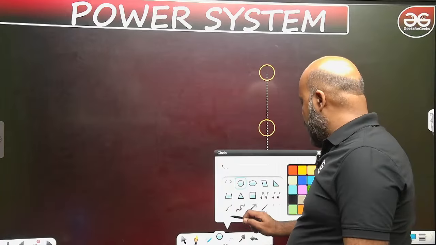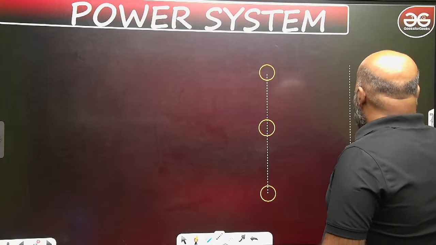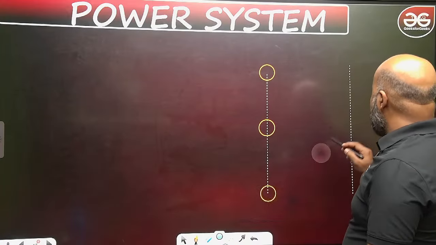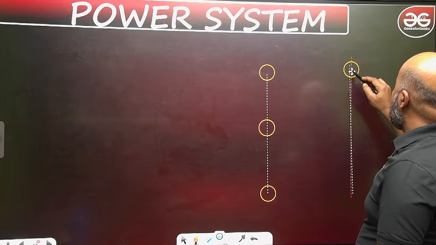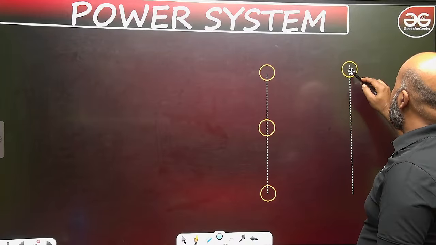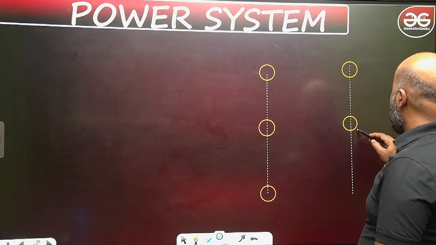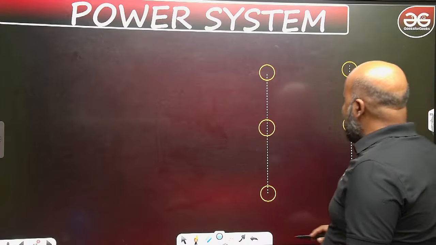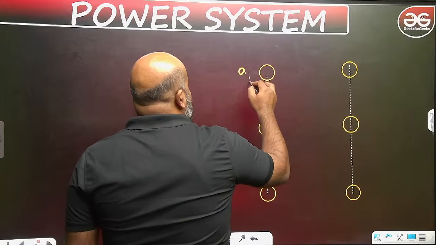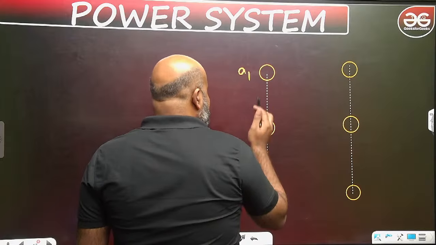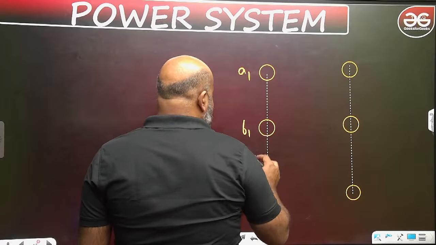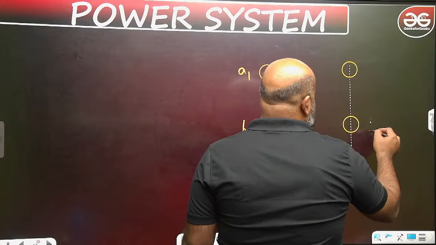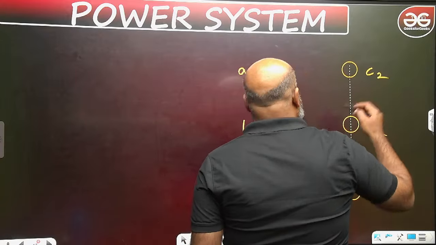Now you will better understand a double circuit line. So you are having two parallel circuits. Suppose this is A1, B1, C1, and suppose this is A2, B2 and C2.